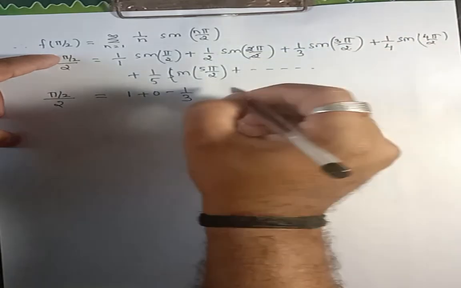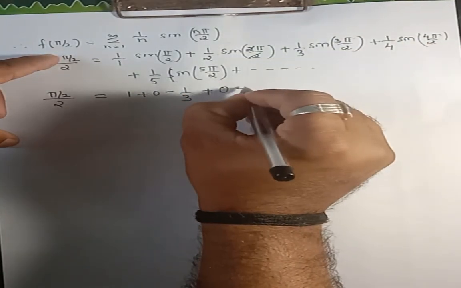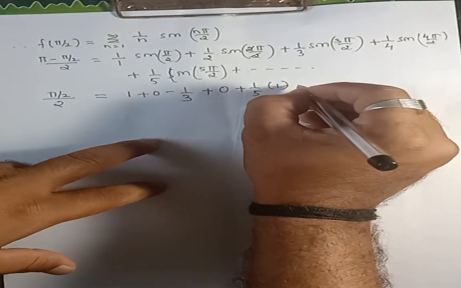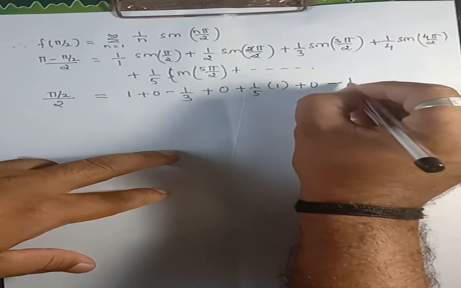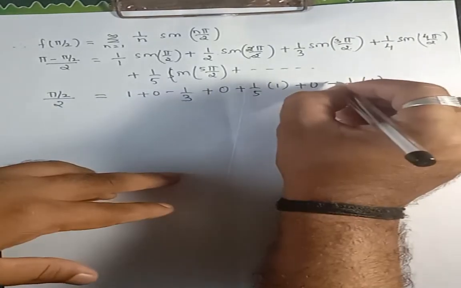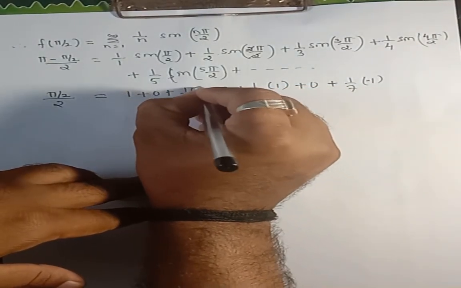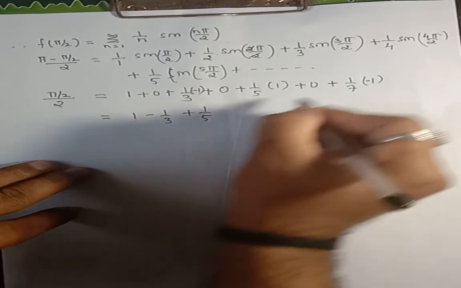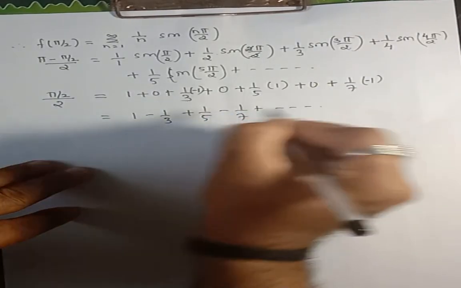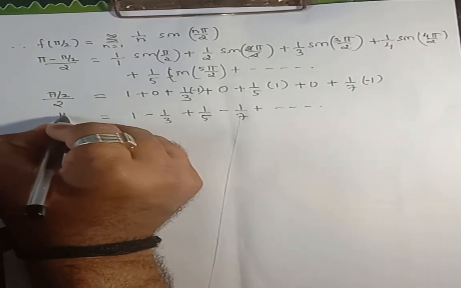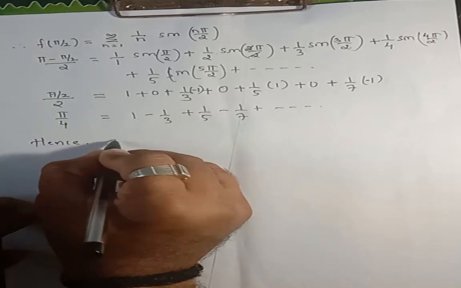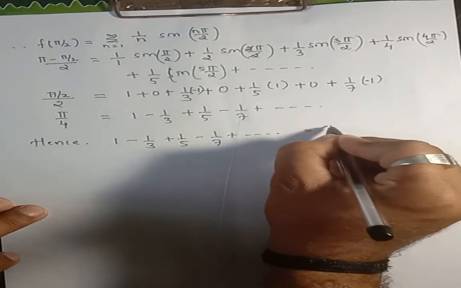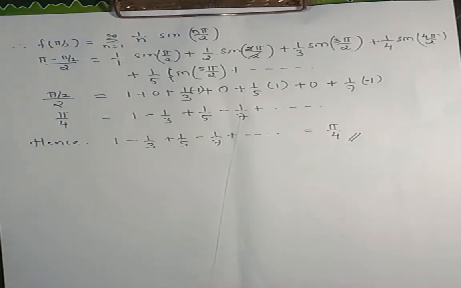Then this becomes 0, then plus 1 by 5, then 0 again, then minus 1 by 7, and it will continue further. So we get 1 minus 1 by 3 plus 1 by 5 minus 1 by 7 plus so on, equal to pi by 4, which is the required series.